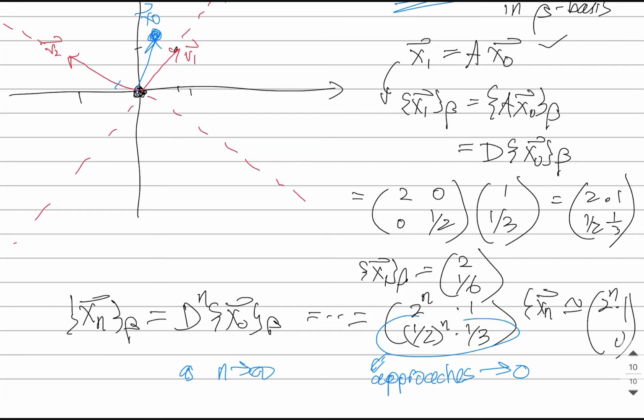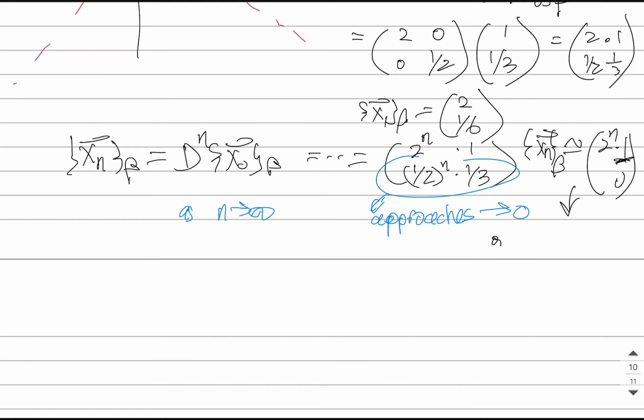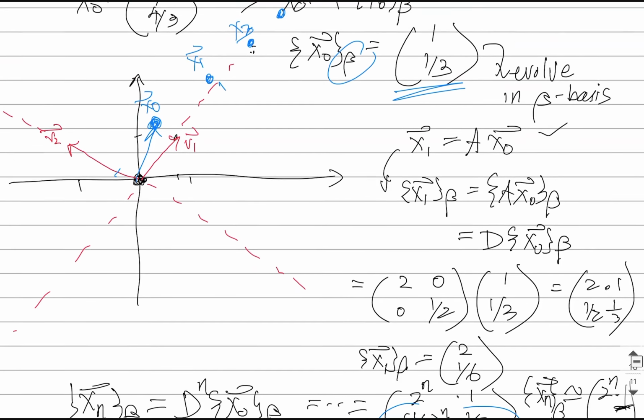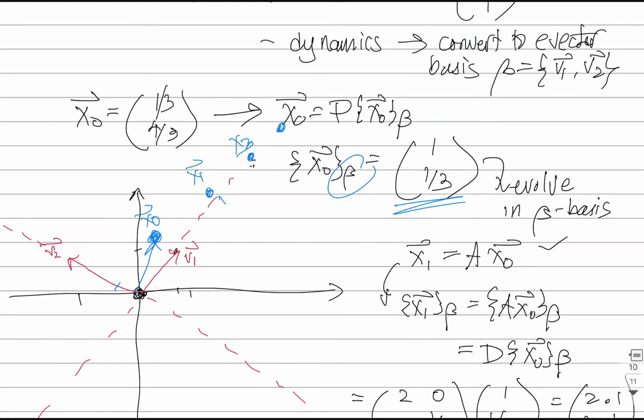But that's what it is in eigenvector basis. In standard basis, I basically have some multiple of the first eigenvector. So all my solutions will approach the first eigenvector. In terms of a picture, if I were to draw a trajectory here, I would go through that point and all my solutions would eventually just get closer to that first eigenvector.